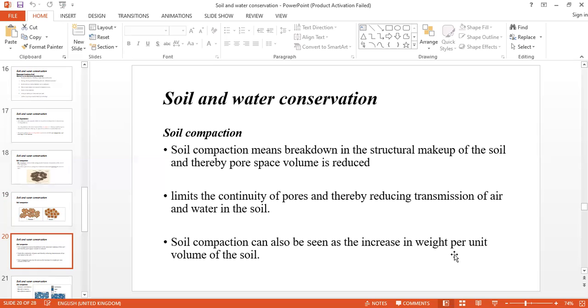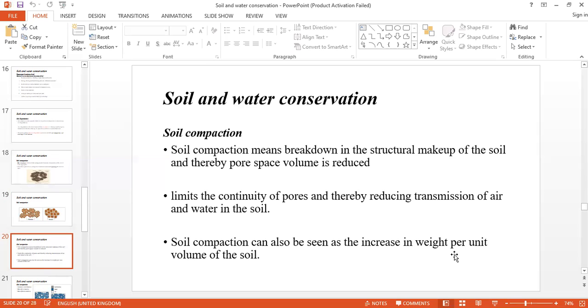Since it's compacted, the bigger pores are reduced as well, meaning there will be no transmission of water or air, but also the small pores where water was stored will be reduced as well.